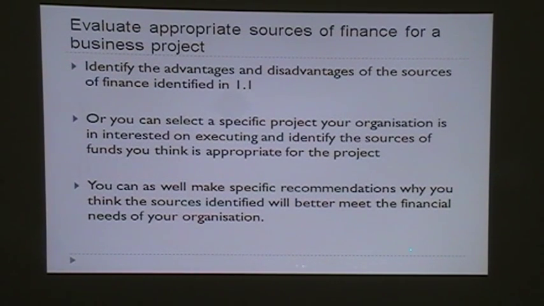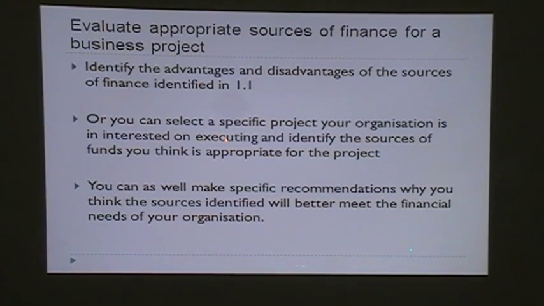The next part of the assessment criteria is 1.3, and it says evaluate appropriate sources of finance for a business project. You are expected to identify both the advantages and the disadvantages of the sources of finance you have identified in 1.1.